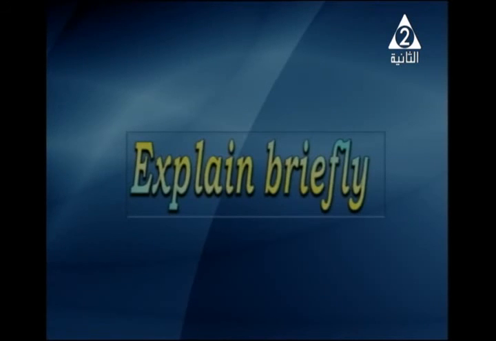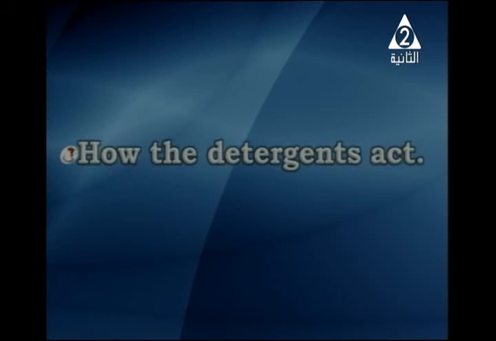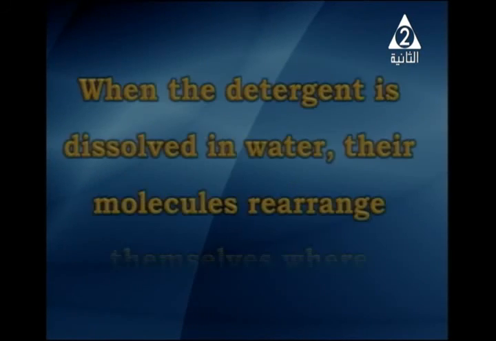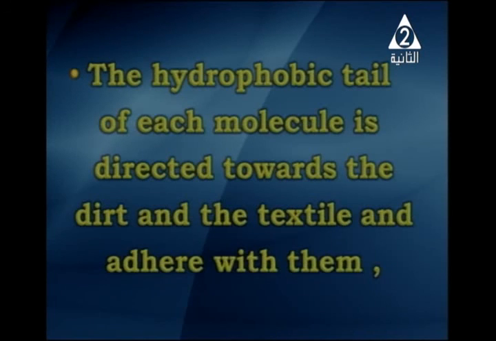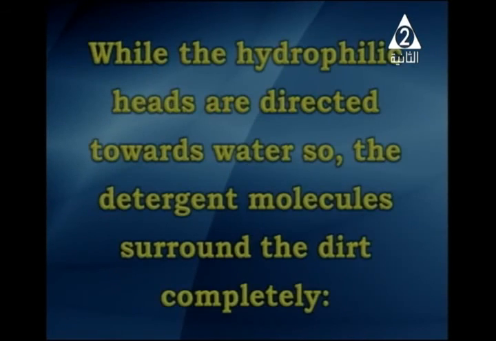Next type of questions, my dear student. Explain briefly how the detergent acts. The answer: when the detergent is dissolved in water, its molecules rearrange themselves where the hydrophobic tail of each molecule is directed toward the dirt and the textile and adheres to them, while the hydrophilic heads are directed towards water, so the detergent molecules surround the dirt completely.